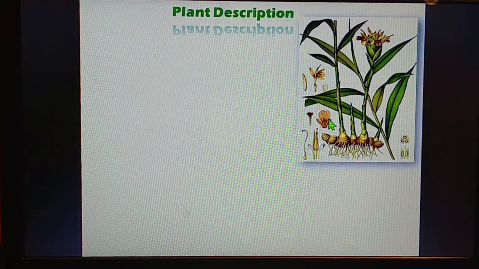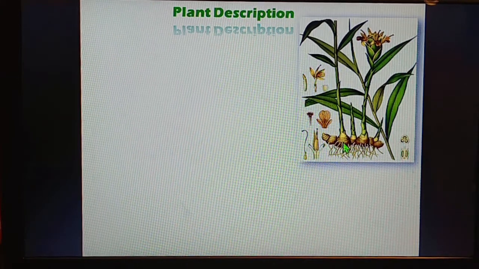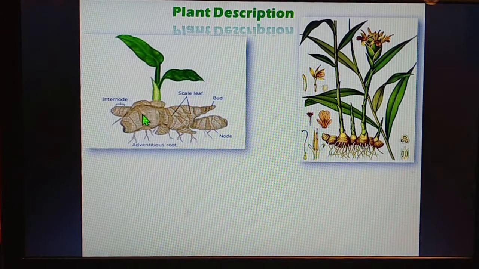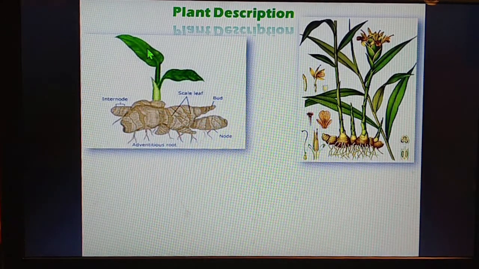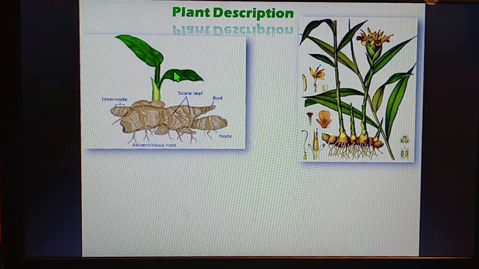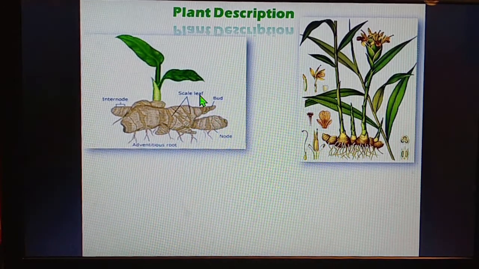And coming to the inflorescence, you can see this is another picture of a ginger rhizome, this one is the aerial stem of ginger, and these are the leaves.